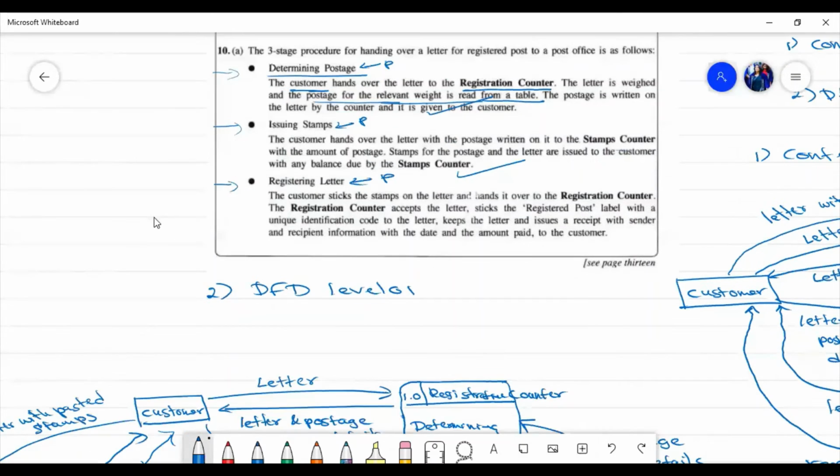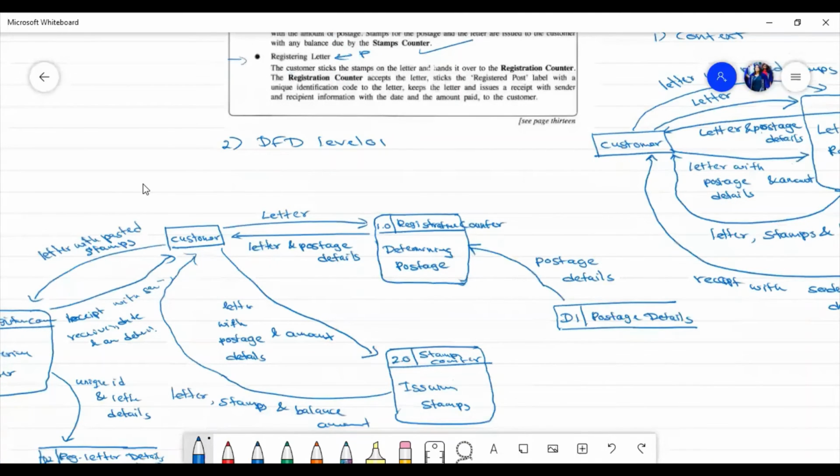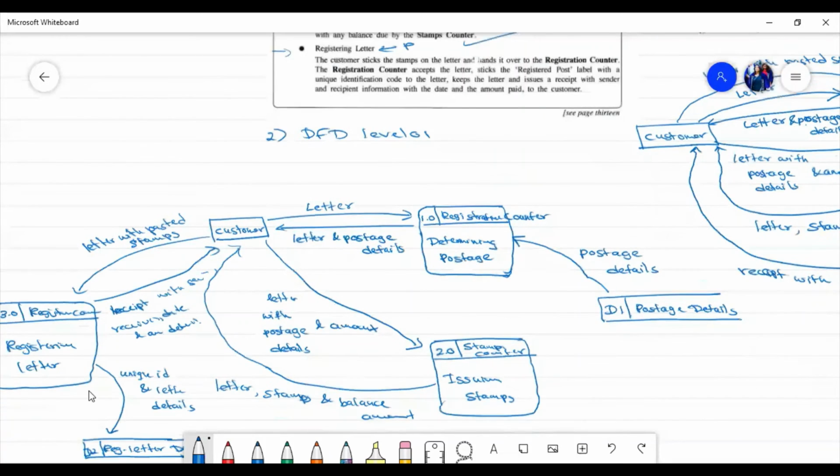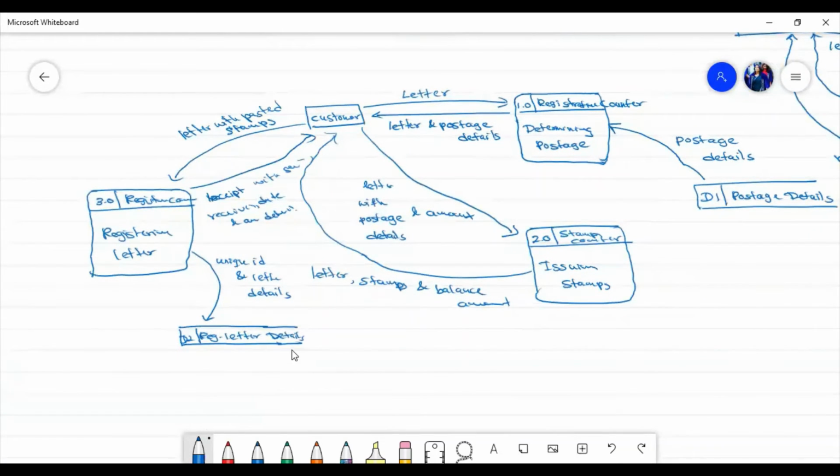In case I have posted a letter and it has not been received yet, then I have to go to the post office and ask. So they need to have a record on that, registered letter details. So simply they can refer to this file and tell, okay, you have posted this letter on this date to this particular receiver, like that, right? So this is the ID. So there should be some kind of mechanism to track the posted letters.